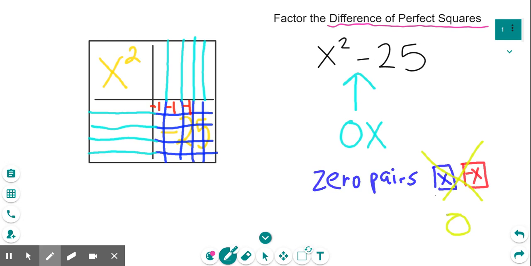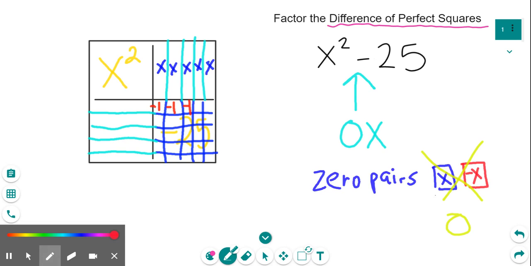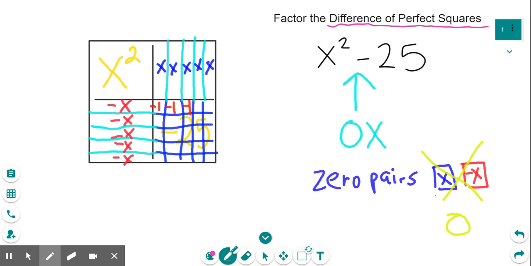Those are 0 pairs. So that's what we need to fill in up top. So I'm going to fill in 5 positive x's, and then I'm going to fill in 5 negative x's. And notice those are 0 pairs, and those are going to cancel each other out.